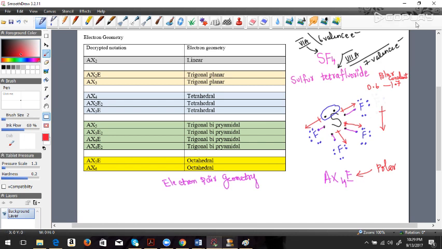So for the electron pair geometry, we treat the E as a bond, so it's technically AX5, so AX4E is here, which is the same as trigonal bipyramidal. Okay.